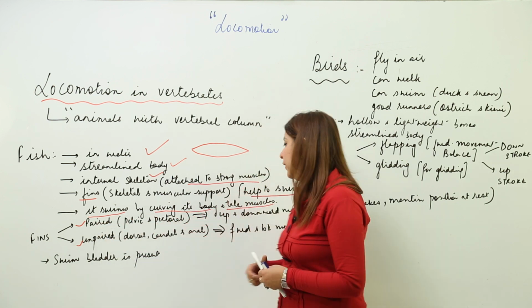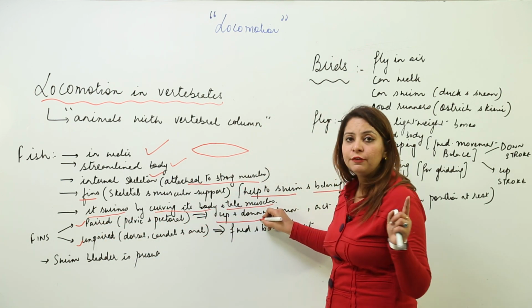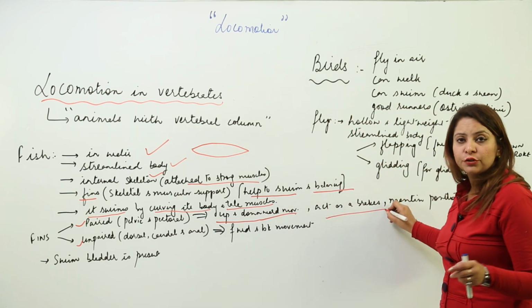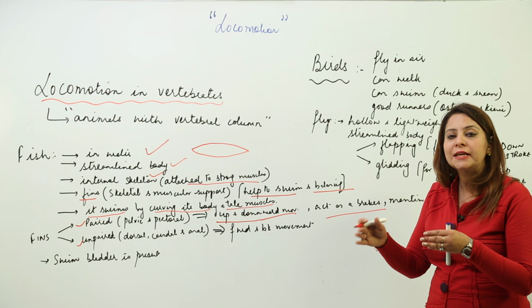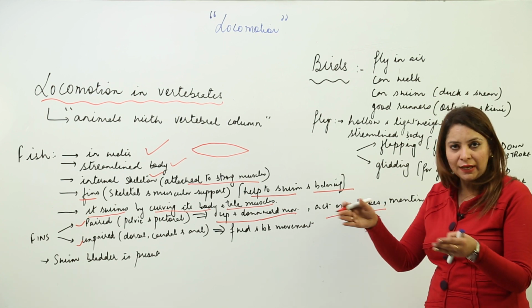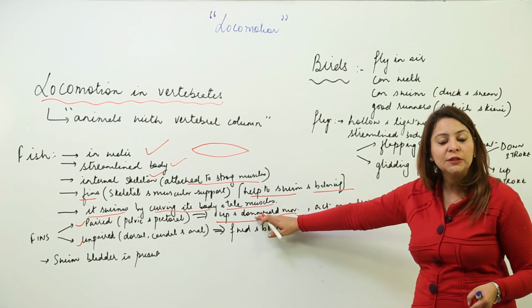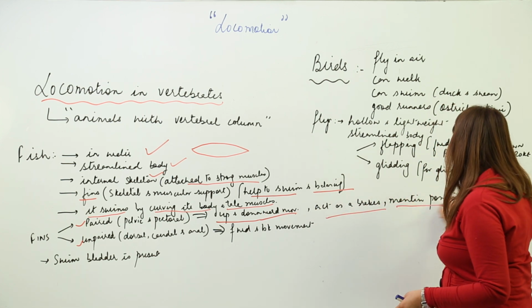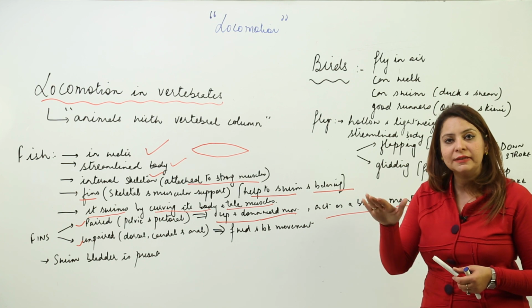Paired fins help the fish to move up and downward, and they also work as a brake, like a vehicle has a brake. They help the fish to stop, and they also help in maintaining the position when it is at rest.